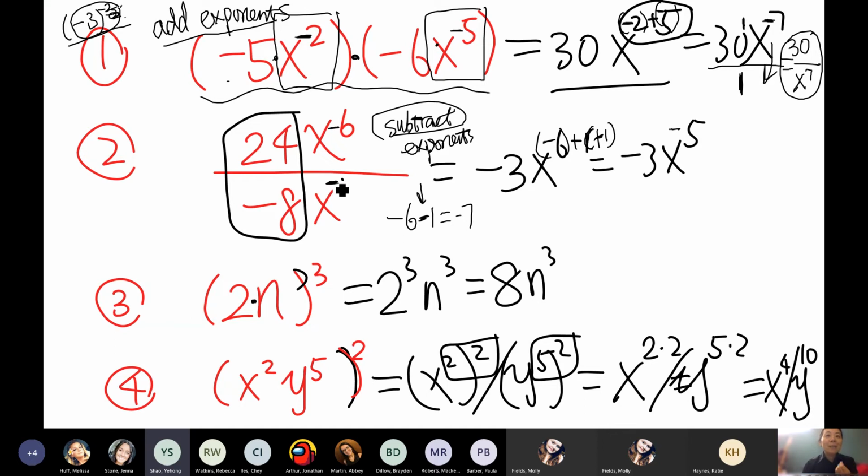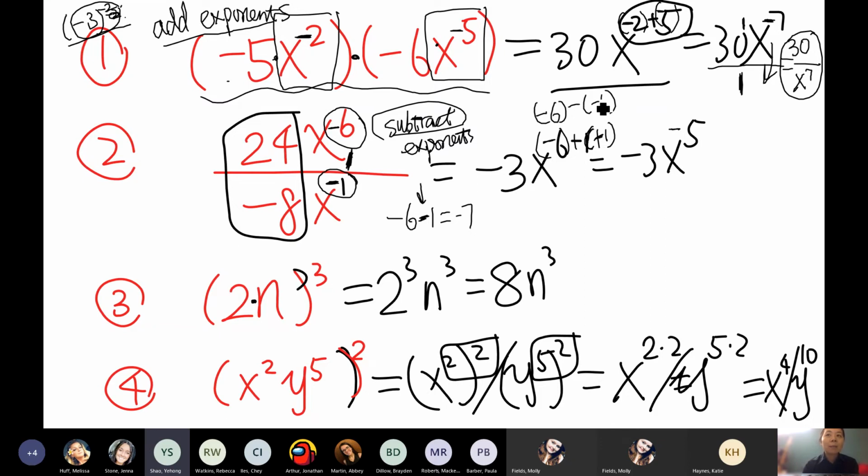There is another minus sign between them, because the bottom exponent already has a minus sign there. And in the formula, there's also a minus sign there. So you are going to be subtracting negative 1 from negative 6. This minus sign comes from the problem, but this minus sign comes from the formula. So that's why we have negative 6 minus negative 1.